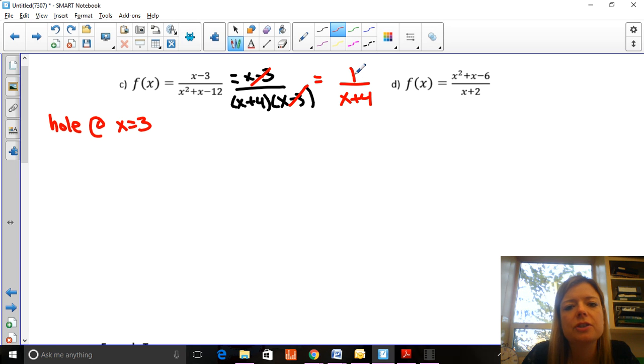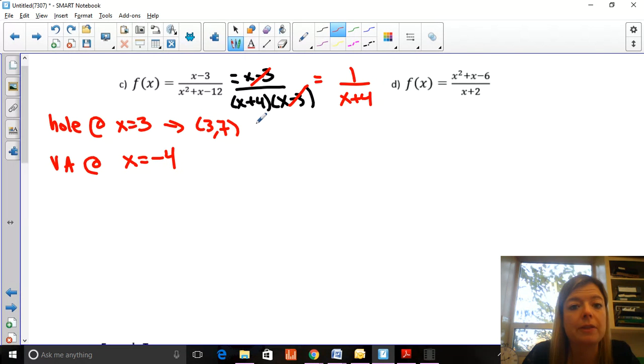So really my function is just going to look like 1 over x plus 4 with a hole at x equals 3. And the y value would be 1/7, I know, from putting 3 into this function. Now I'm going to have a vertical asymptote at x equals -4, because that makes the denominator 0, but not the numerator. Now I have to decide, is there an oblique asymptote or a horizontal asymptote, or neither?